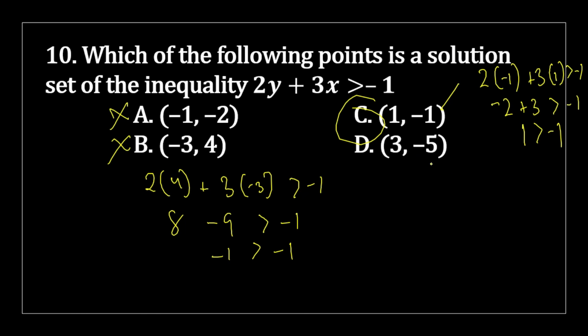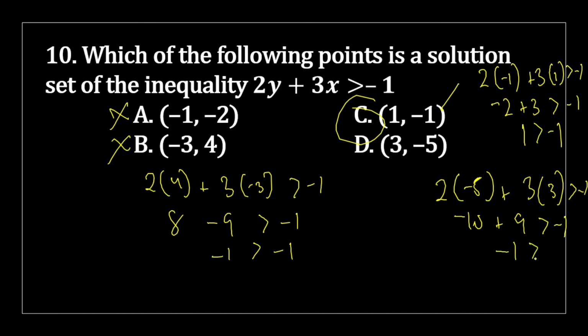So let's check letter D just to make sure. 2 multiplied by negative 5 plus 3 multiplied by 3 greater than negative 1. This is negative 10 plus 9, so this will be negative 1. So they are equal, so this is incorrect. So the correct answer is letter C.